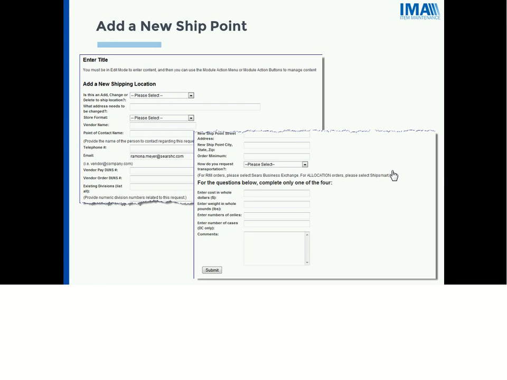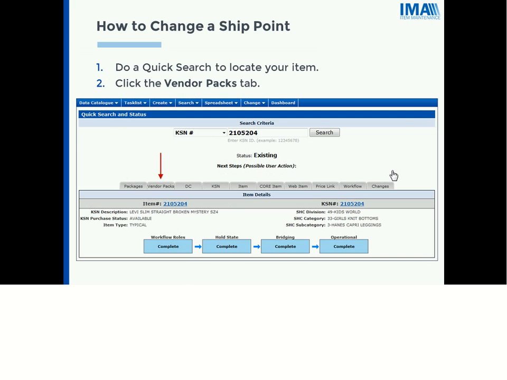You complete this form to add a new shipping location and click Submit, and it'll take a few business days for that new shipping location to get set up. Just because you've submitted your form doesn't mean you can go back to IMA immediately and select that new ship point. It's not going to be there yet. It takes a few days to set up, and you will get an email whenever it's ready to be used.